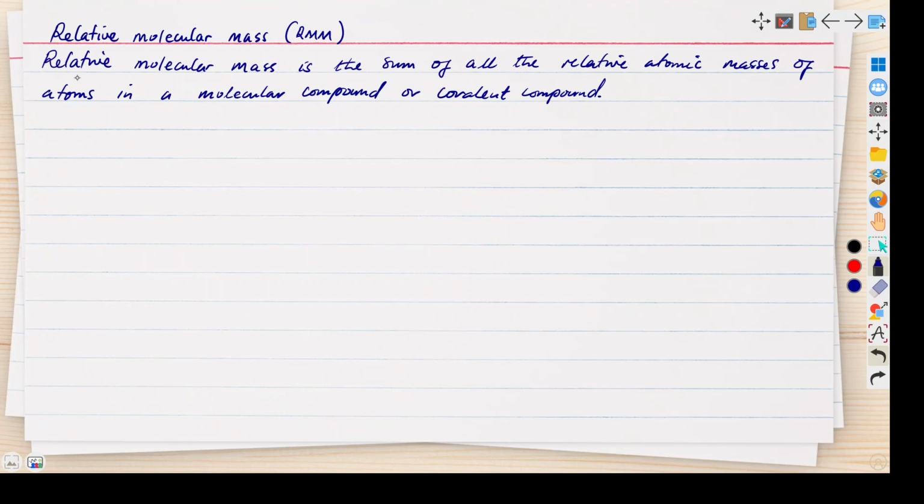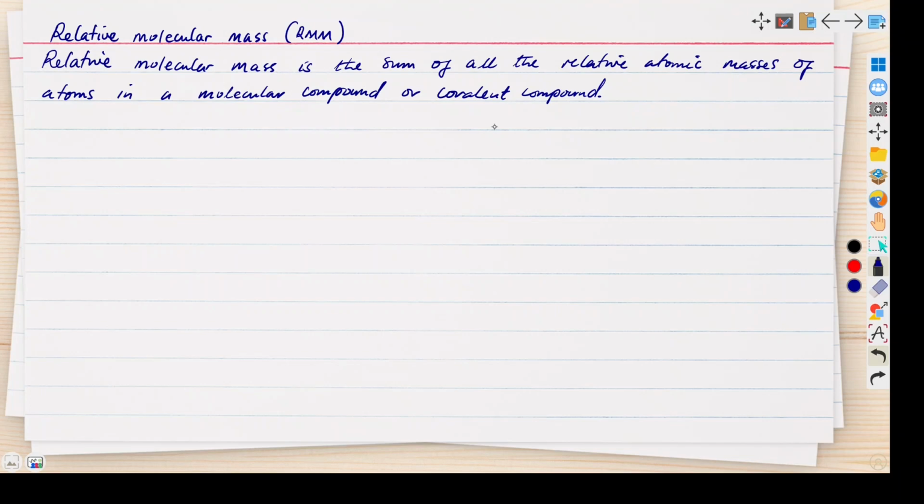So you see the definition quite from here. Relative molecular mass is the sum of the relative atomic masses of atoms in a molecular compound or covalent compound. These are compounds which are formed from covalent bonding.